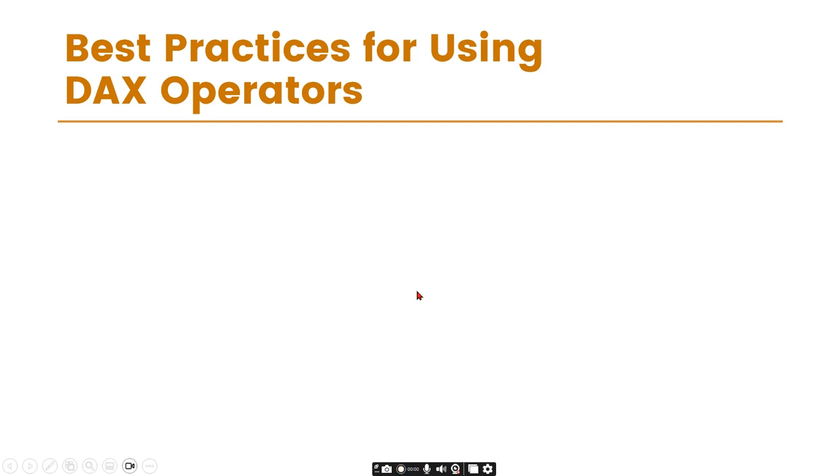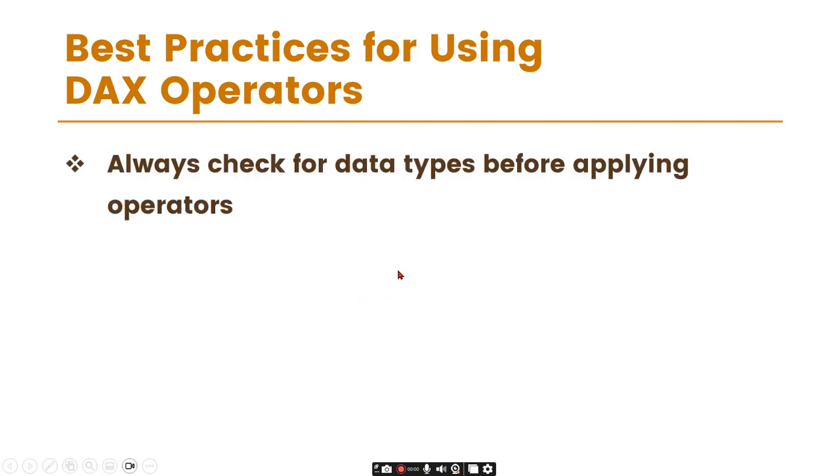What are the best practices for using DAX operators? Let's try to understand them. Always check data types before applying operators so that you can use the right operators, whether it is text, date, numbers, or any other data type.